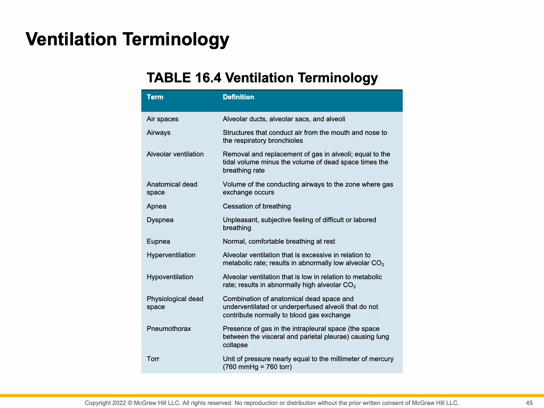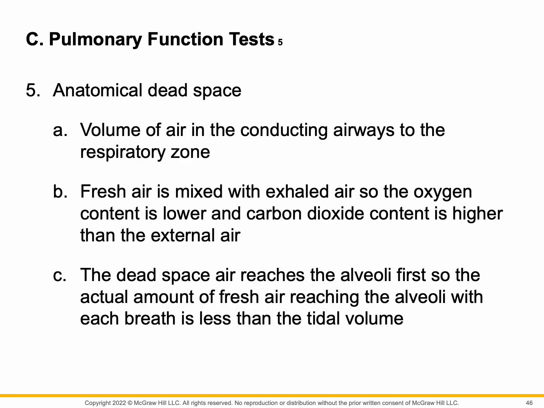Make sure you cover table 16.4 in your studies, which goes over ventilation terminologies. Particularly, make sure you understand terms such as anatomical dead space, apnea, dyspnea, hyperventilation versus hypoventilation, physiological dead space as well. So the anatomical dead space is the volume of air in the conducting airways to the respiratory zone.